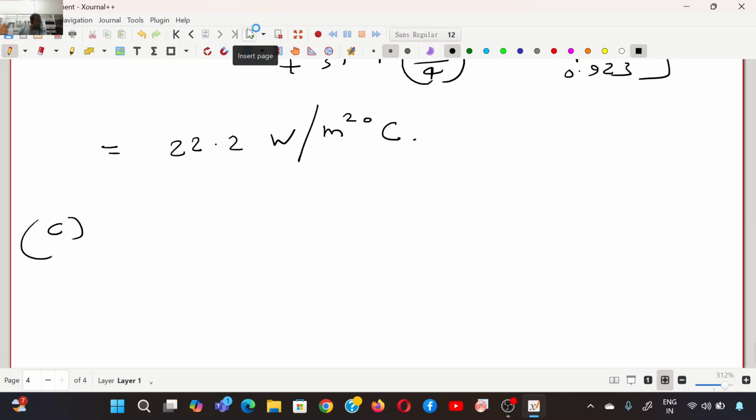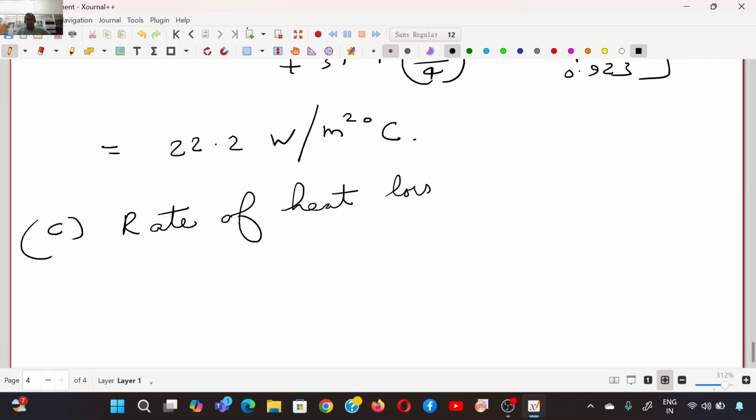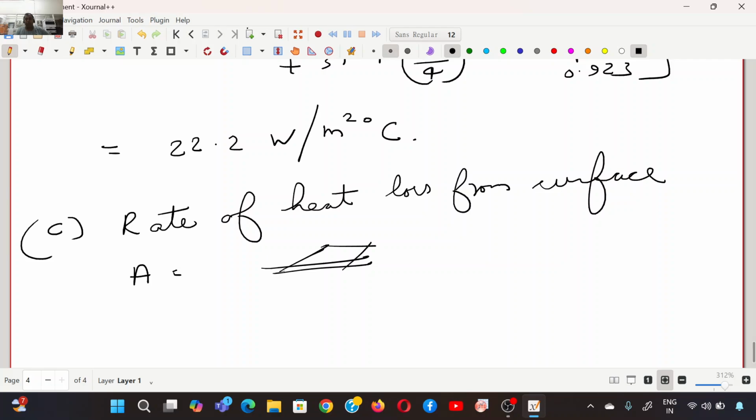So what's the third part? The third part is the rate of heat loss from the surface. So what's the area of the surface? It's 2 meter, and I have assumed 1 meter breadth.